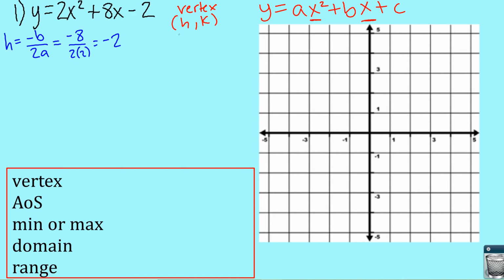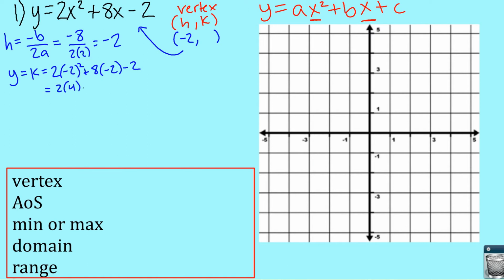So here, our vertex, we've got the x coordinate, but now we need the y coordinate. So how do we get that? We plug it in. So y, which is also our k in this case, is going to be 2 times negative 2 squared plus 8 times negative 2 minus 2.